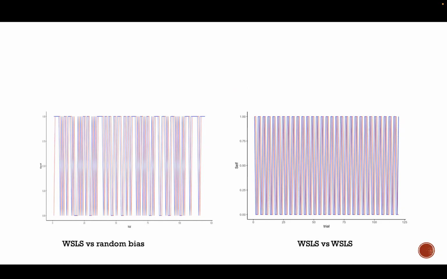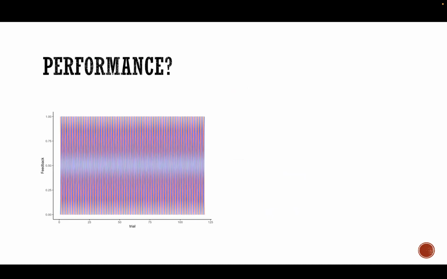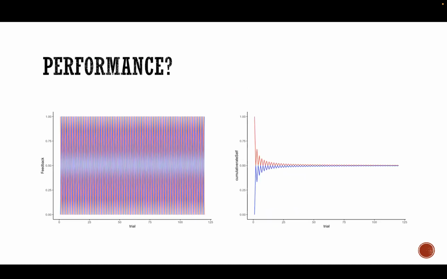While here we have a perfectly deterministic, perfectly mirrored behavior. And we can see that also in the performance, right? It's kind of art, right? And you can see here that it's perfectly mirrored, perfectly regular, and it goes towards 0.5.